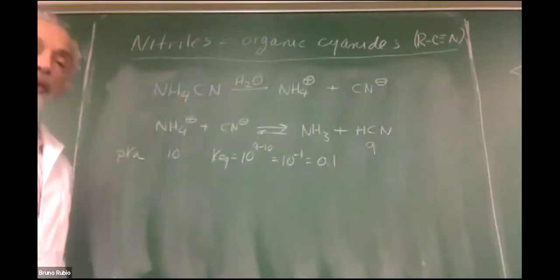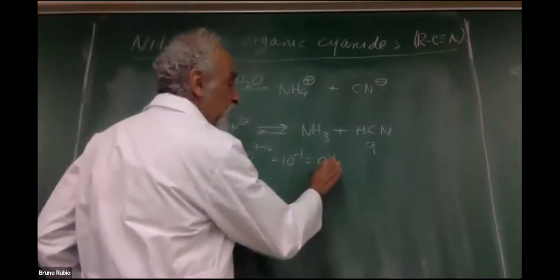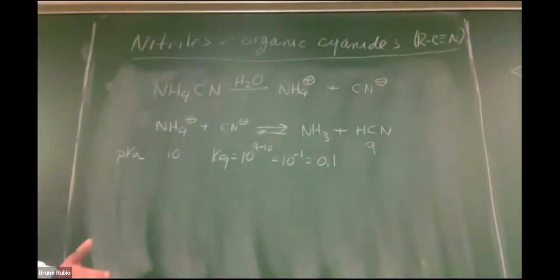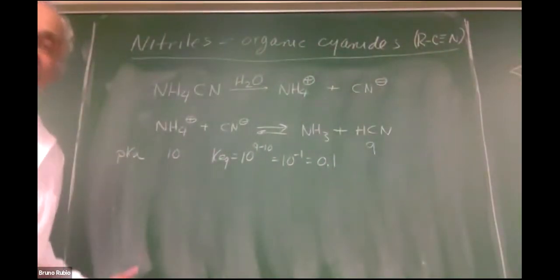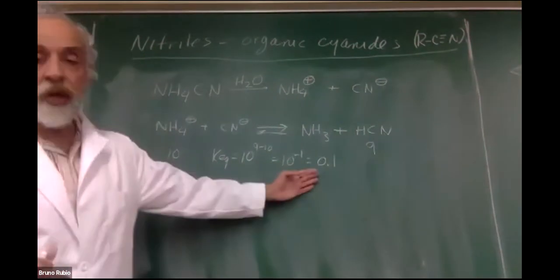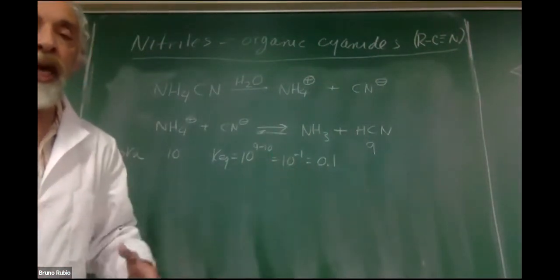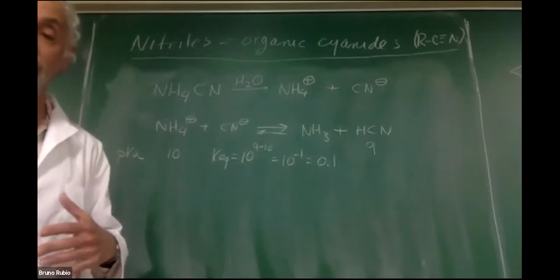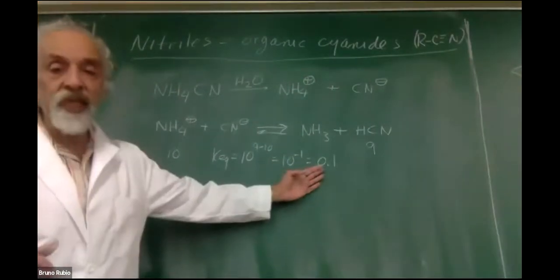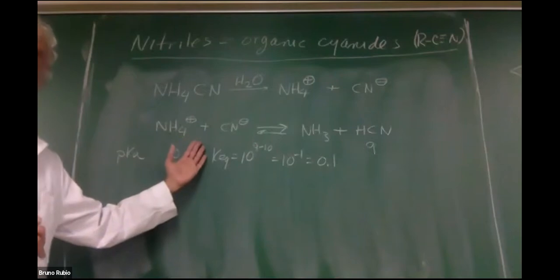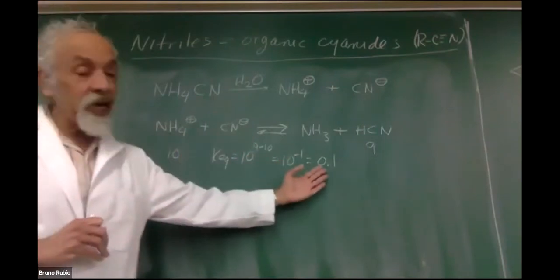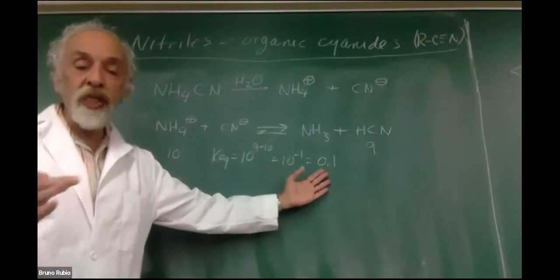Okay, so the equilibrium constant is less than 1, but it's not a whole lot less than 1, right? This equilibrium constant didn't come out to be 10 to the minus 9 or something like that. It's less than 1. That means that reactants are favored, but it's respectable.